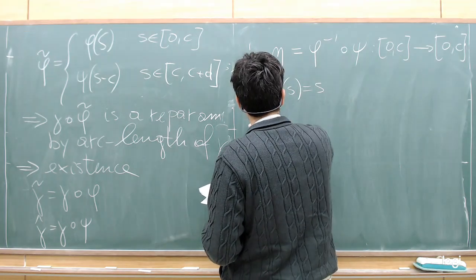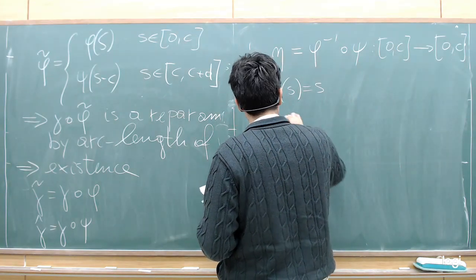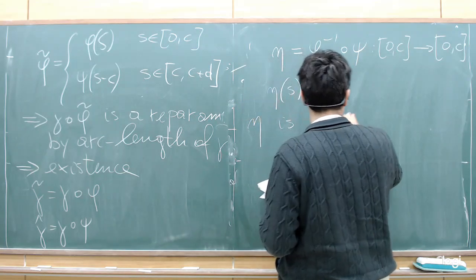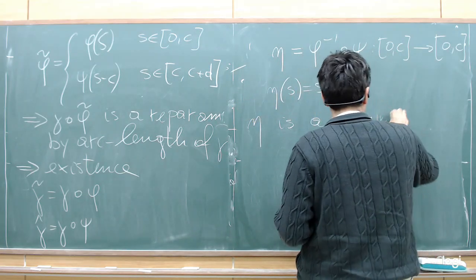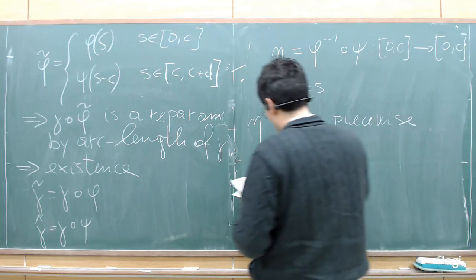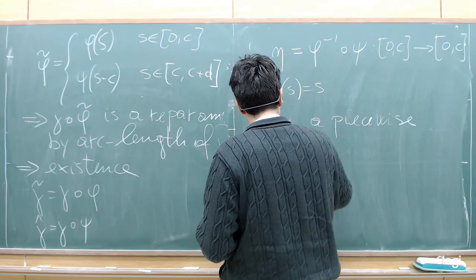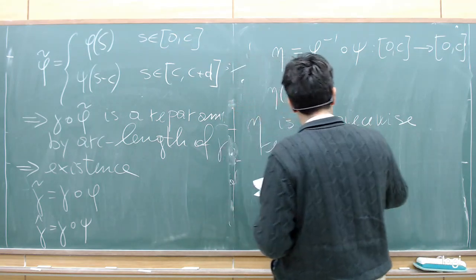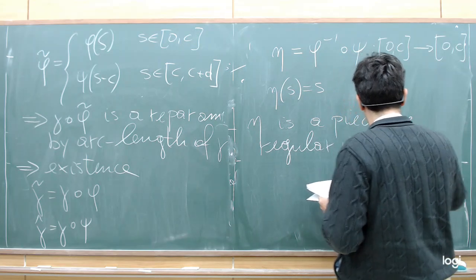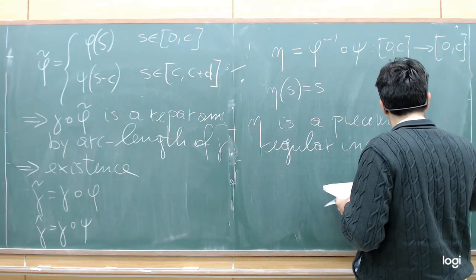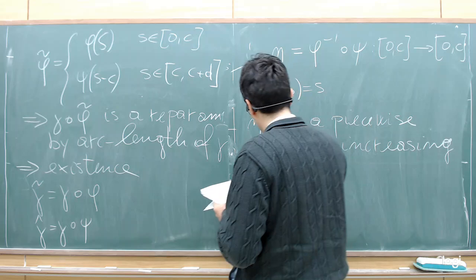Okay, so eta is a piecewise regular increasing homeomorphism.